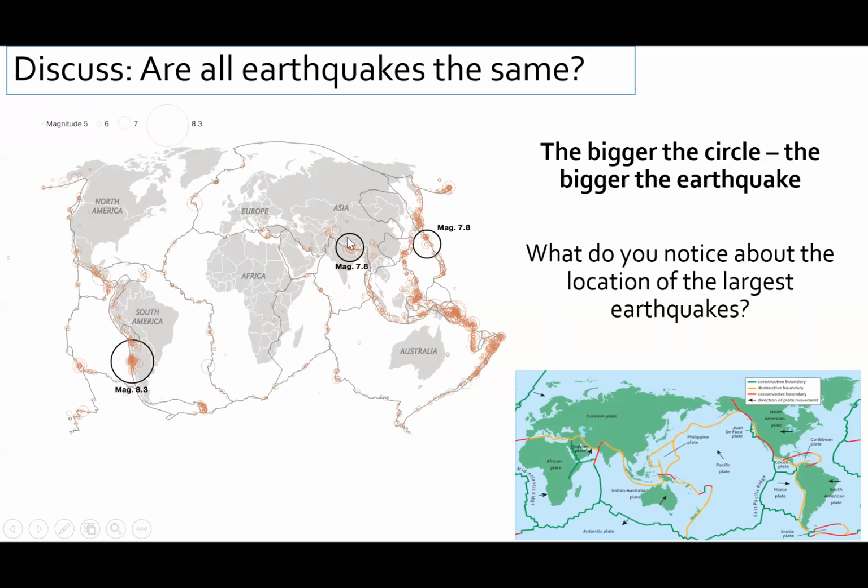This huge one there, that's on this destructive margin between India and China. And then this large one here is on this destructive margin between the Philippine plate and the Eurasian plate. So that says that our largest earthquakes occur along destructive margins, and that's not a fluke, that's not coincidence. There's a reason for that, and that's what we need to think about.